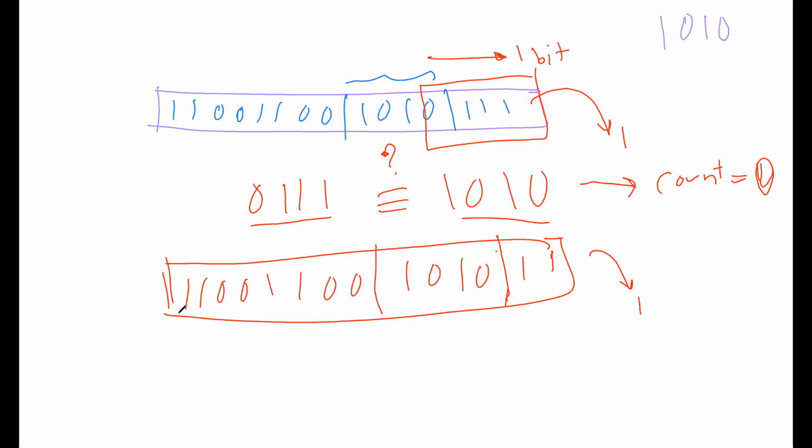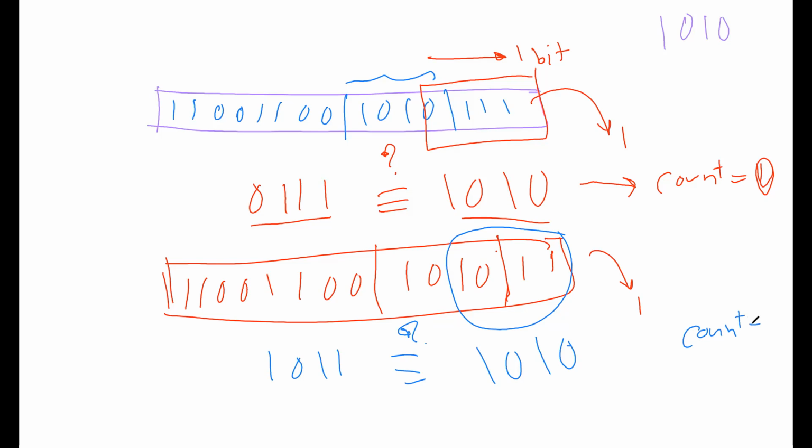Okay, now again, you take the first 4 bits. The first 4 bits are this, and then you compare. So it's 1 0 1 1. You compare with 1 0 1 0. Is it equal? No. Therefore, the count stays 0. You don't count.